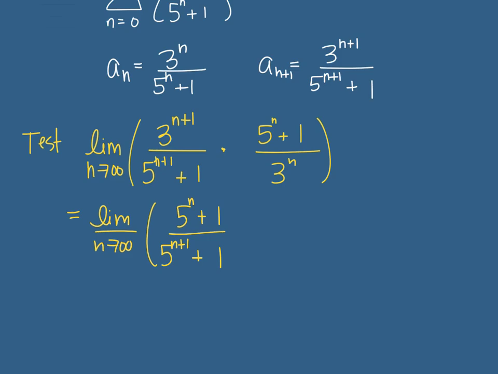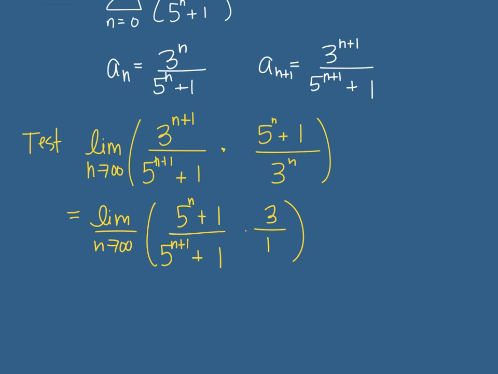But the other ones, the 3 to the n plus 1 and the 3 to the n, do reduce each other. And what am I left with? 3, because we have one more 3 in the numerator than we do in the denominator, and we can't do it to the 5 because it has the plus 1. All right, so we get 3 over 1.